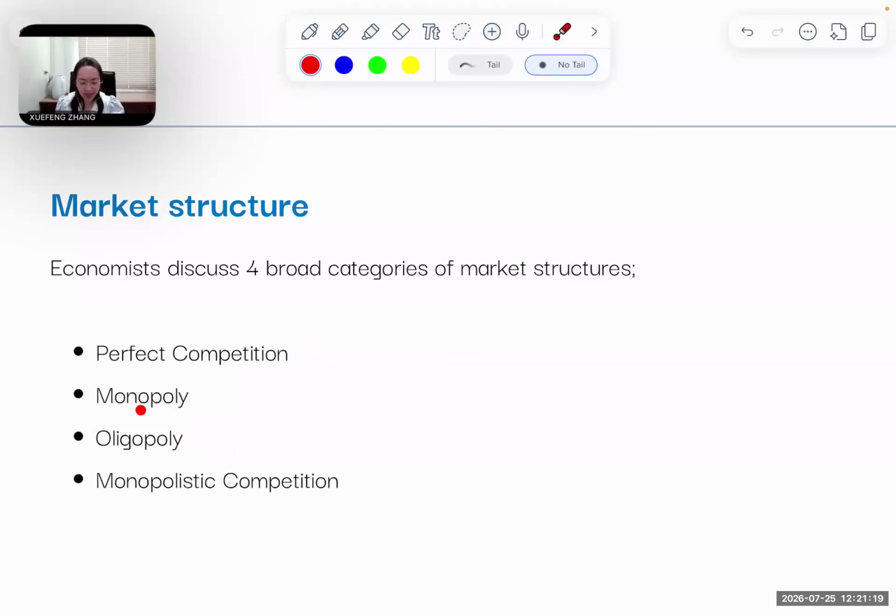Next one we have monopoly, which is the opposite end. Monopoly means there's only one seller. No competition at all. So this seller has full pricing power, like the electricity company.